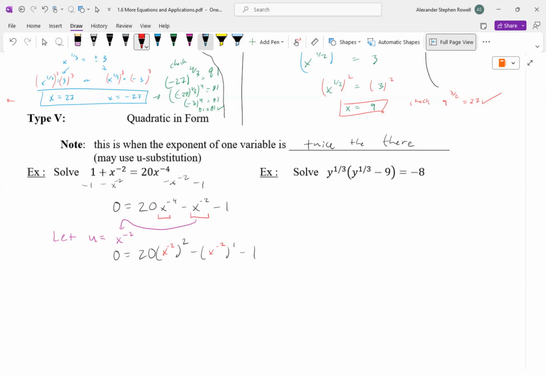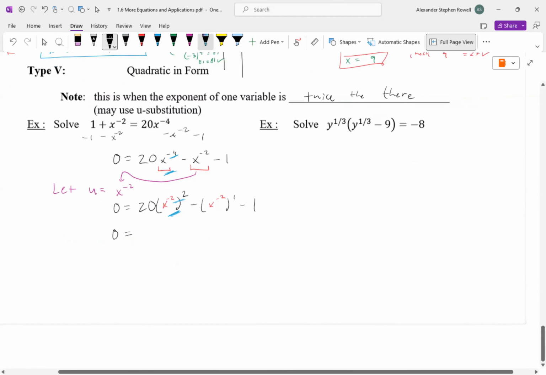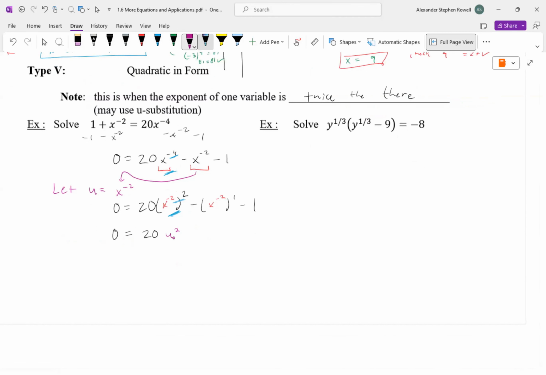Are you guys comfortable with this step? Why is this true? I multiply exponents. Negative 2 times 2 is negative 4, right? If I do this substitution, I would write 20u squared minus u minus 1. So this trick works whenever the exponent of one is twice the other.